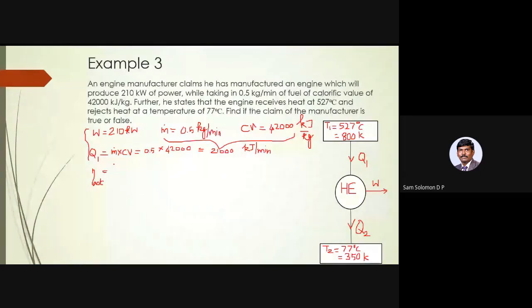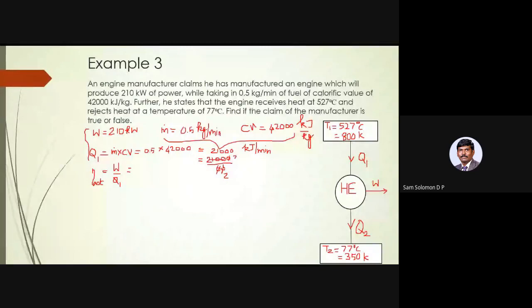We have already seen this. Here you have to be careful. W is in kilowatt, while Q1 is in kilojoule per minute. So you have to divide this by 60 to convert it to kilowatt. 21,000 divided by 60, one zero will be out, and you will have 700 here.